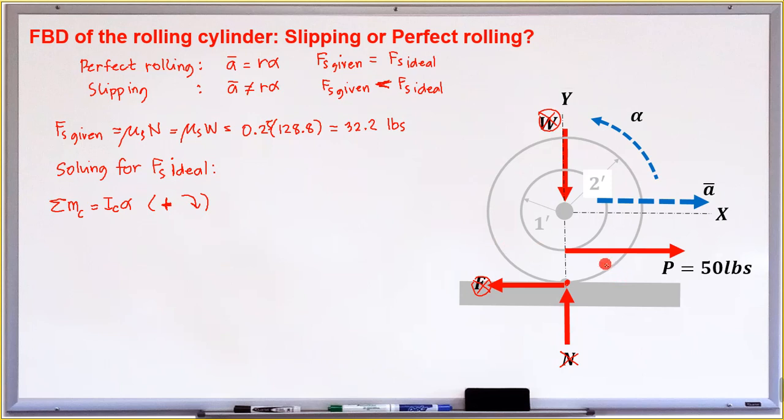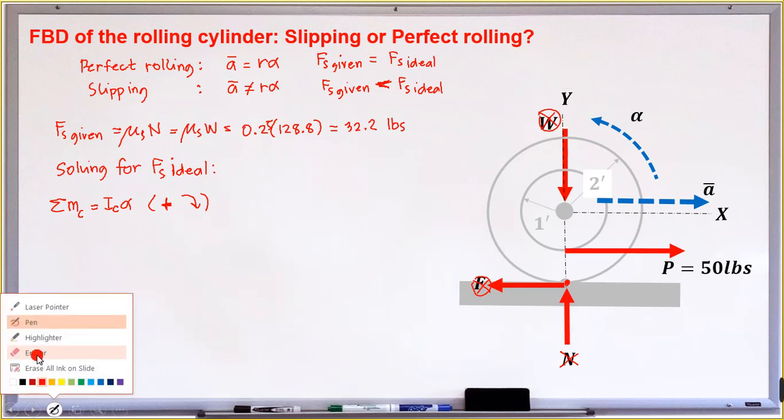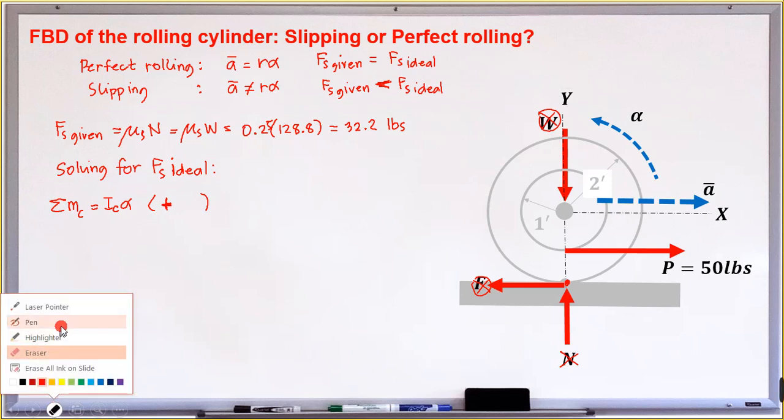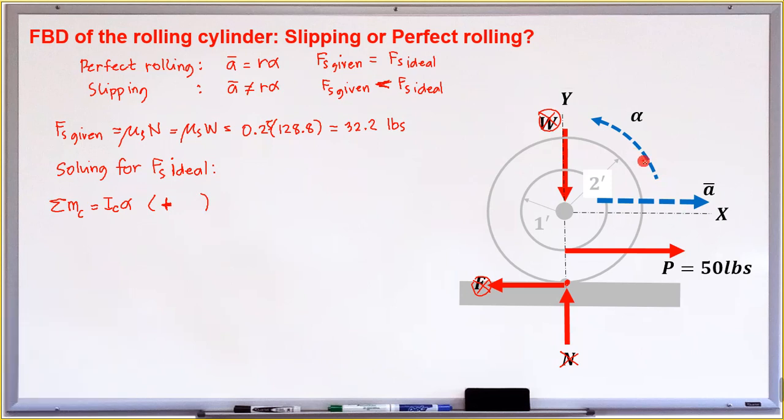Our P is clockwise with respect to the contact point, but you can also follow the direction of alpha. So maybe it will get confusing, but let's just follow it. Anyway, what we get is still a negative alpha, no? So let's just follow it, because you'll understand later. Follow the assumed direction of our angular acceleration, so that is counterclockwise, so therefore counterclockwise. Okay.